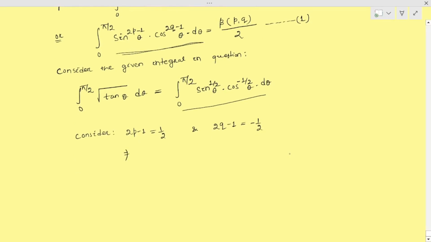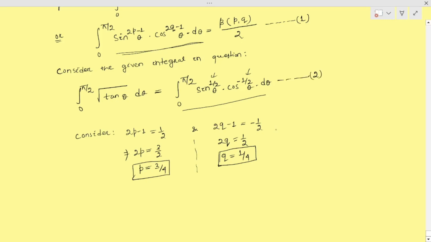That implies 2p will be 1 by 2 plus 1, 3 by 2, and p will be equal to 3 by 4. Similarly, 2q will be equal to 1 by 2 and q will be equal to 1 by 4. So 1 by 2 and minus 1 by 2 can be written like this, 2p minus 1 and 2q minus 1. Give this equation number 2.